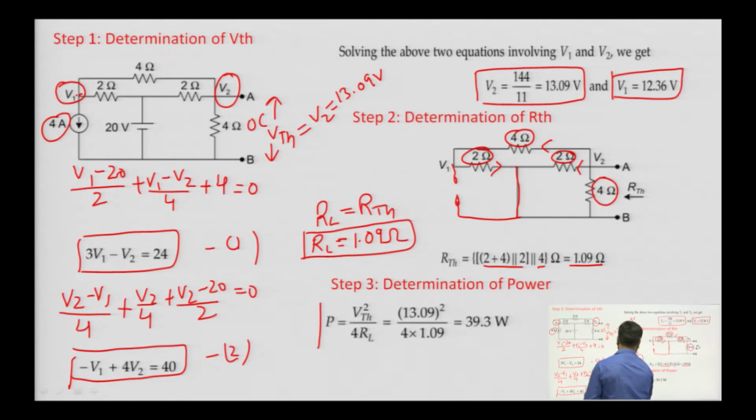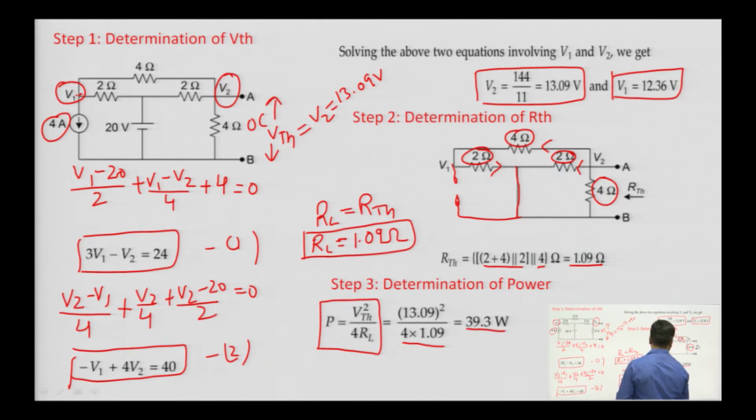We have derived that the maximum power that will be transferred will be equal to VTH square divided by 4 RL. So, VTH we have calculated as 13.09, which will be squared, divided by 4 into RL, which we just calculated as 1.09 ohm. So, the maximum power transferred will be equal to 39.3 watt. So, this will be the maximum power.